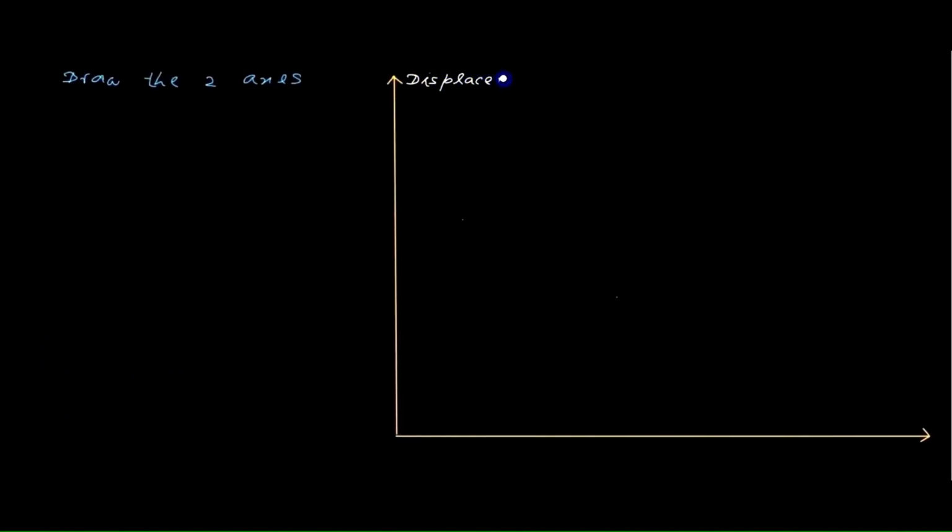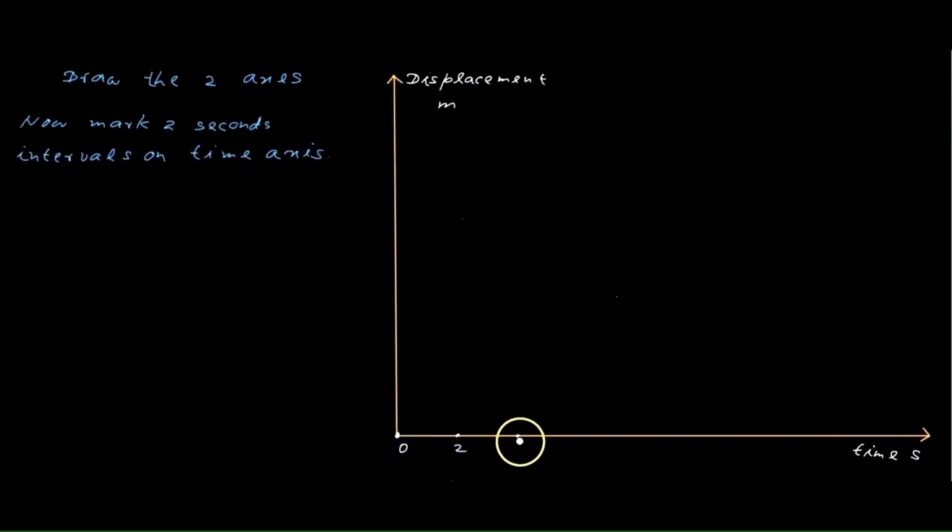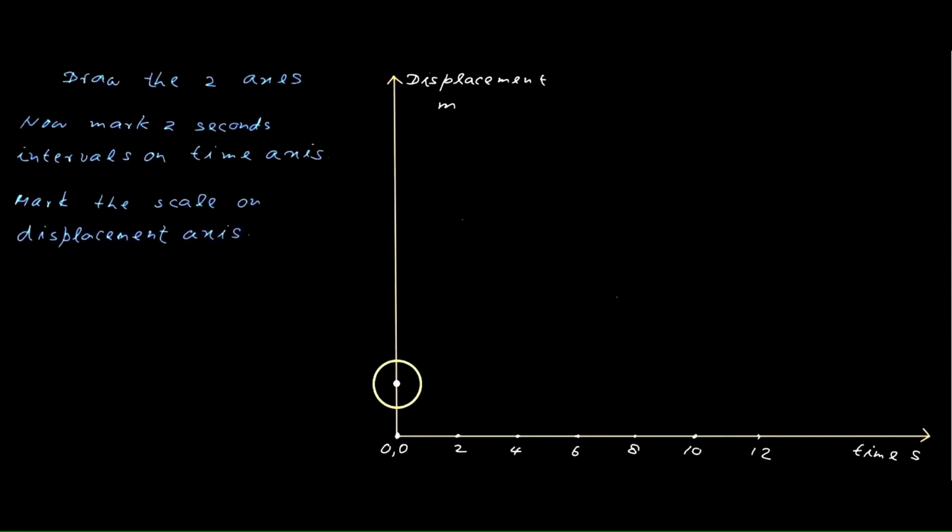These axes are for displacement and time respectively. Mark 0 to 12 seconds on the time axis with 2 seconds intervals. Mark displacements from 0 to 5 meters.